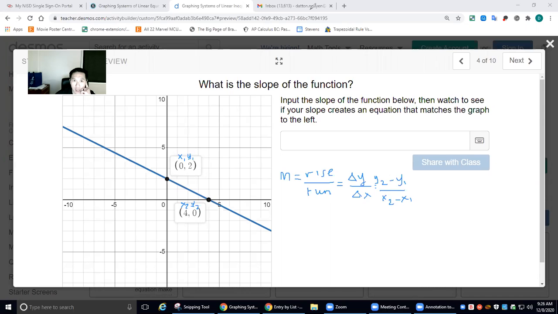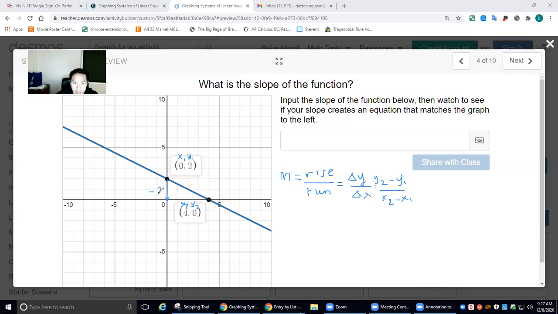So that means I have to move down how many units? Can anyone tell me how many units I have to move down? No, not 3. Moving down 2. Thank you. I had to move down 2 units.